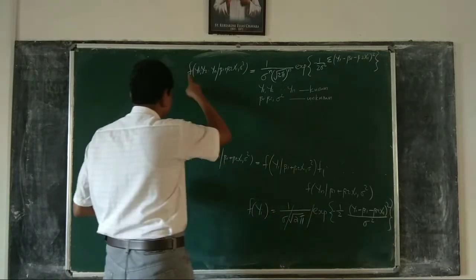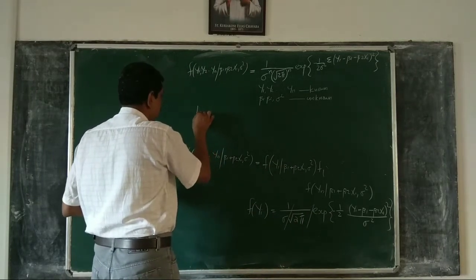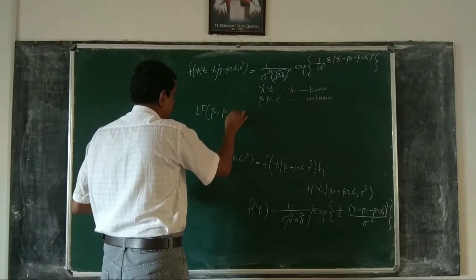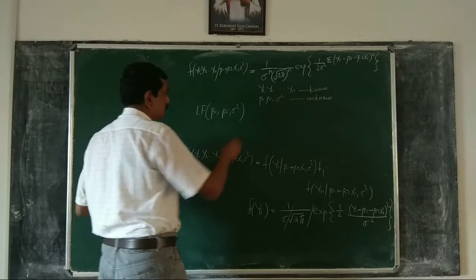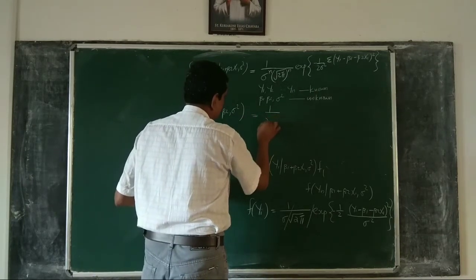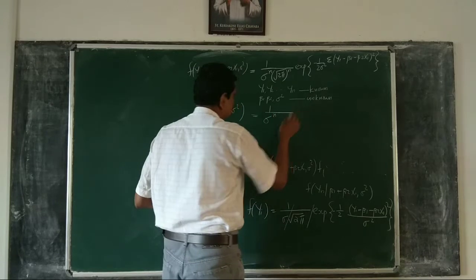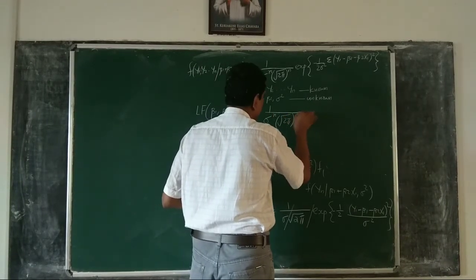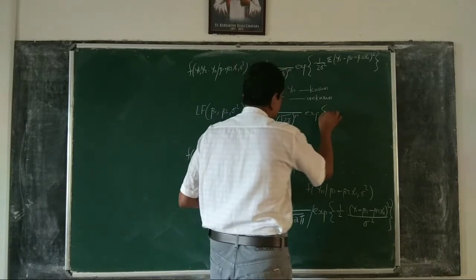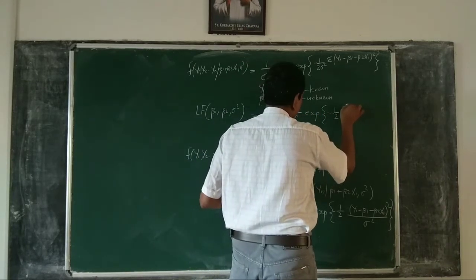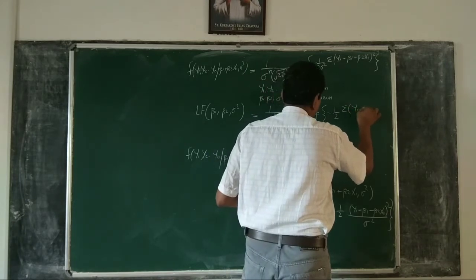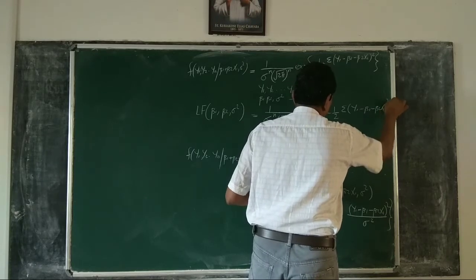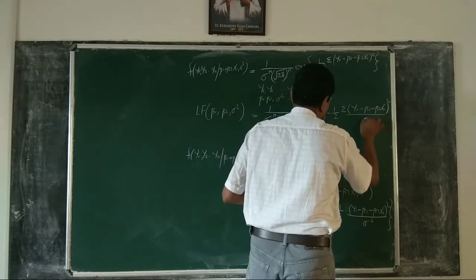Then this joint PDF is written as the likelihood function of beta 1, beta 2 and sigma square, equal to 1 by sigma raised to n, root 2 pi raised to n, times exp of minus 1 by 2 sigma square into the sum of (Yi minus beta 1 minus beta 2 Xi) the whole square.